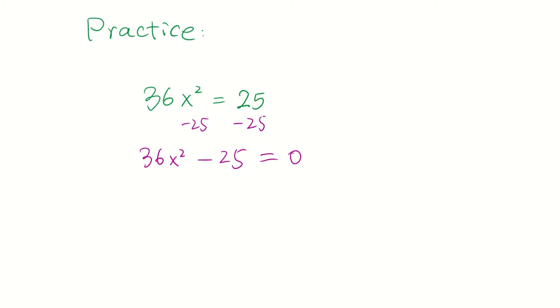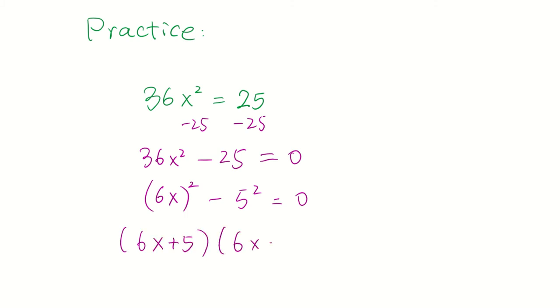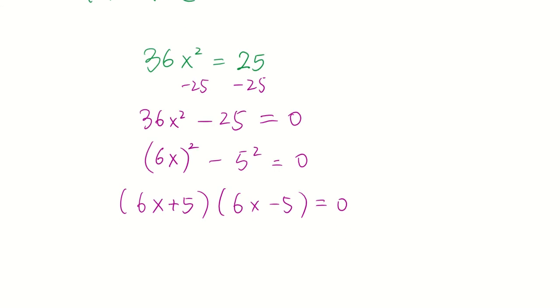So 36x squared minus 25 can be seen as 6x squared minus 5 squared. Factor it using the difference of squares formula. We have 6x plus 5 times 6x minus 5 equals 0. We can come up with two equations.